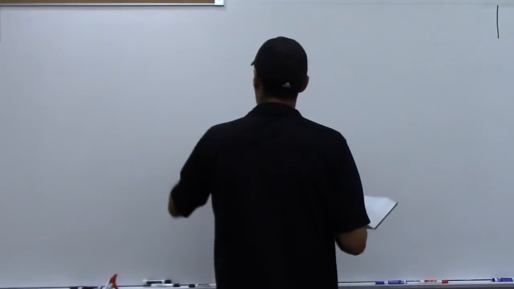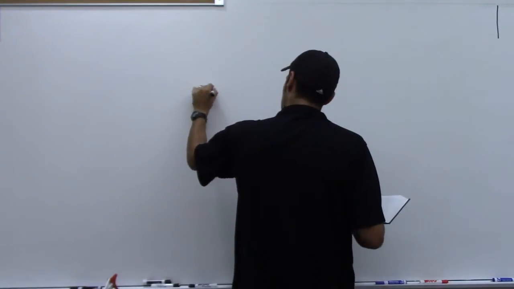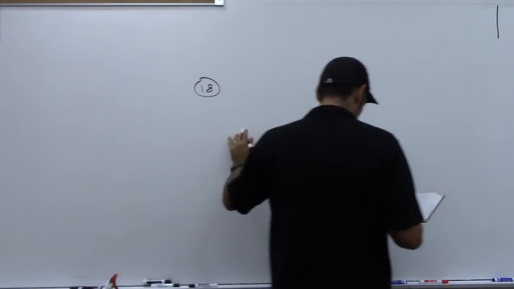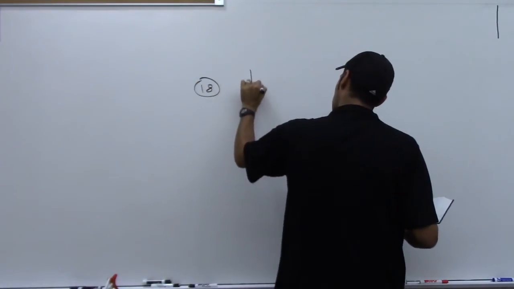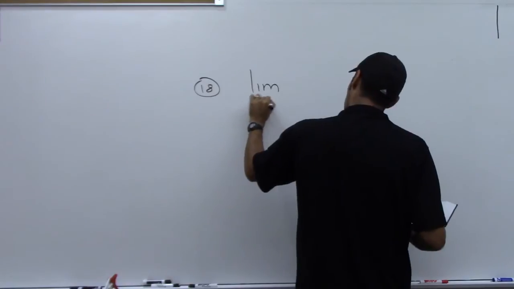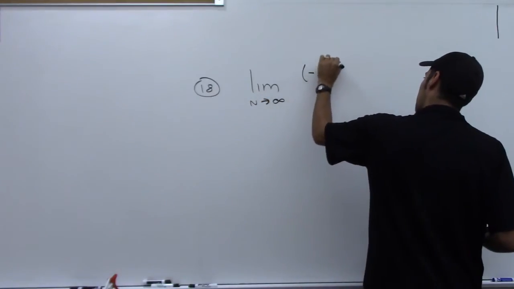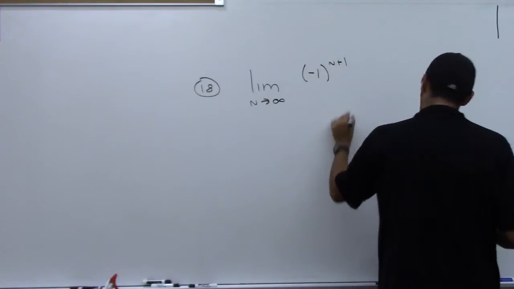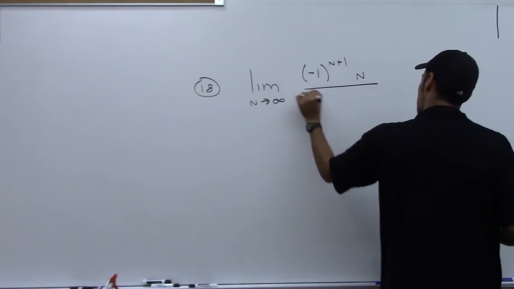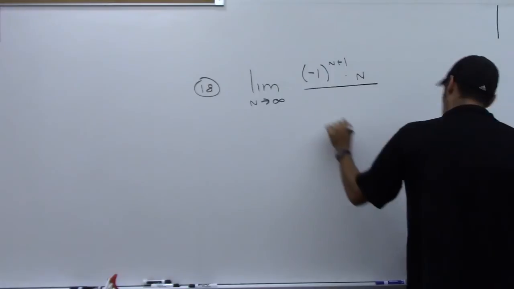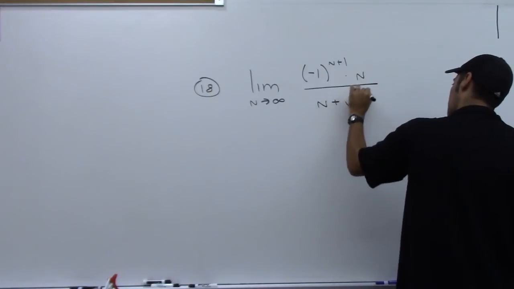18 looks like another one of these. So for 18, you have the limit as n goes to infinity of -1 to the n plus 1, that's an alternating sequence, times n over n plus root n.